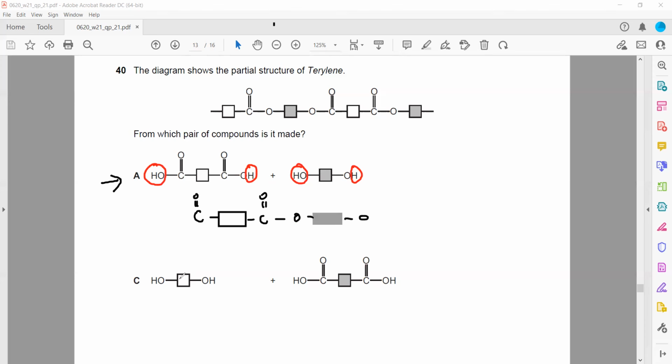Why not C? When I check, it will form a polymer, but why not C?